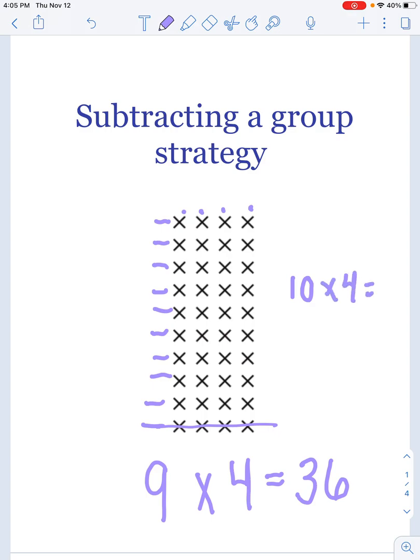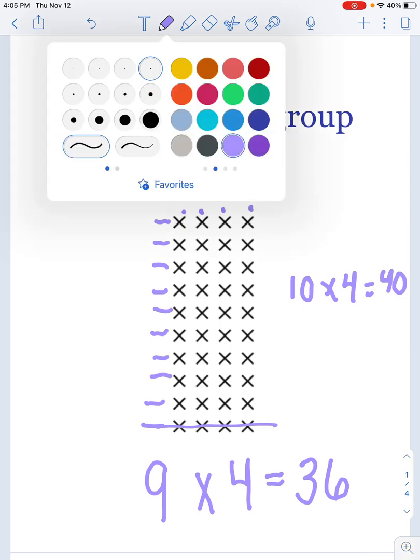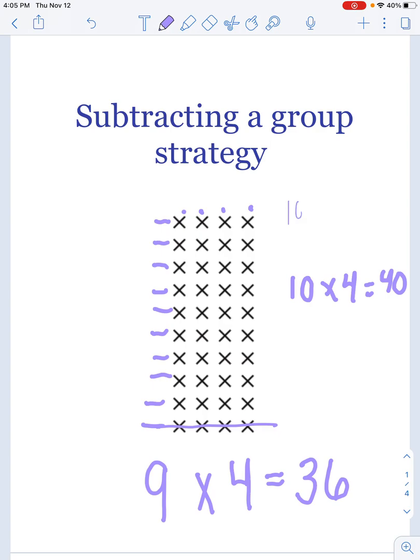And we know that 10 times 4 equals 40, because if we have 4 tens, that adds up to be 40. 10 plus 10 plus 10 plus 10 equals 40.